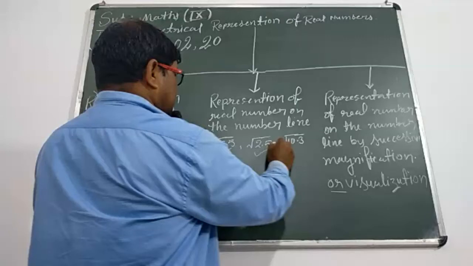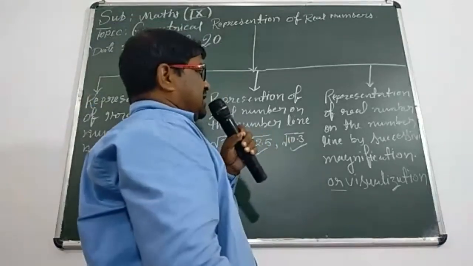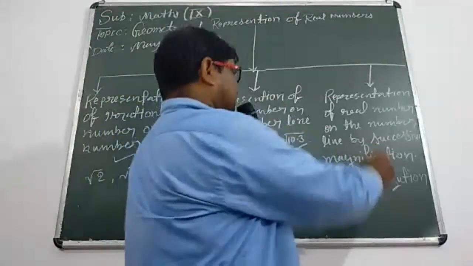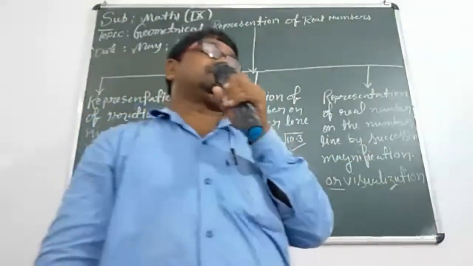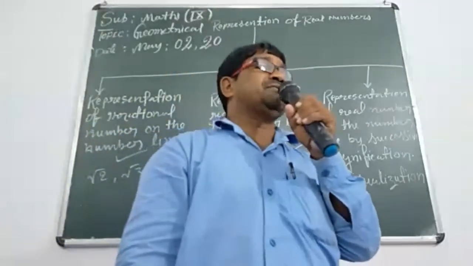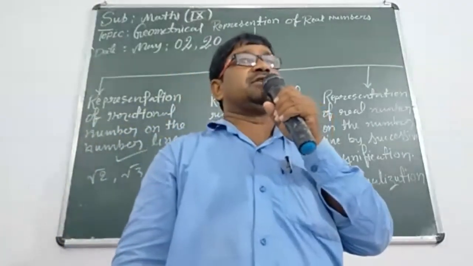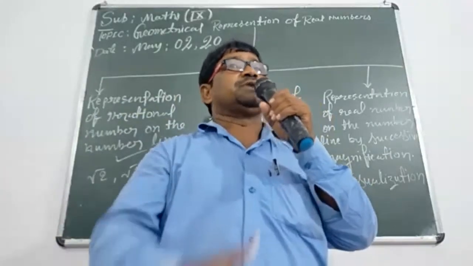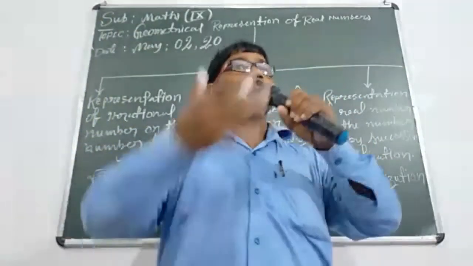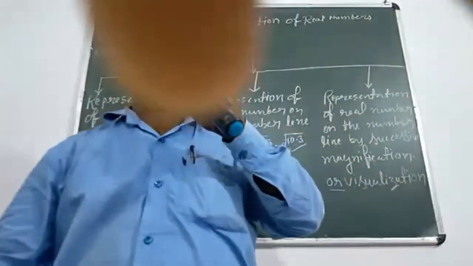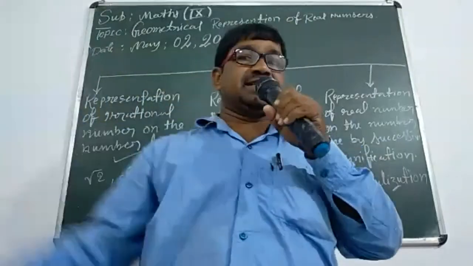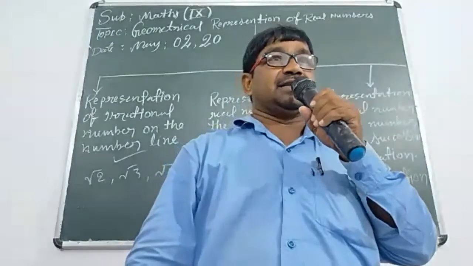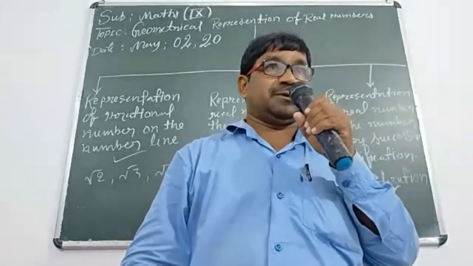Now student, third branch, representation of real number on the number line by successive magnification. Successive magnification, that is called visualizing. विजुअलाइज करेंगे, उसको बड़ा करके दिखाएंगे, कंटिन्यूअस विजुअलाइज करते जाएंगे. That is called visualization method.